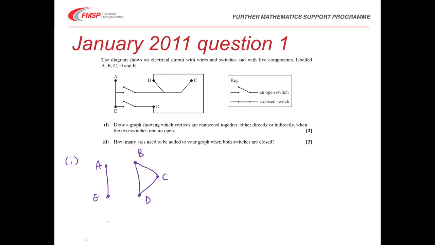An attempt at it or some sort of method gets you a mark, and the graph that you can see there is sufficient for the answer mark. So that's the 2 marks for part 1.